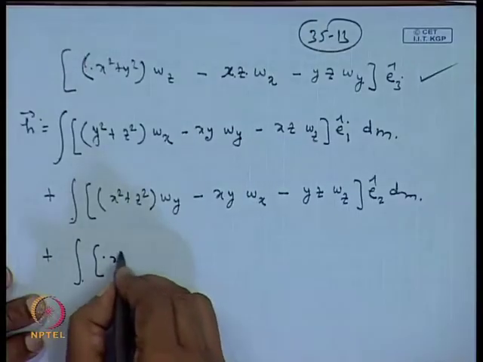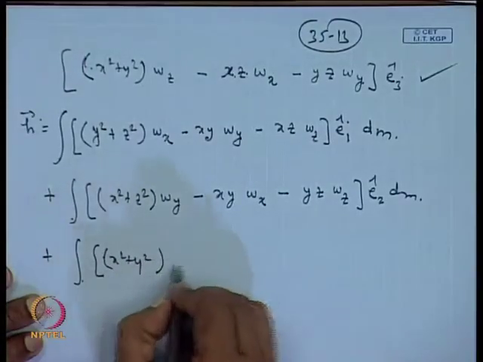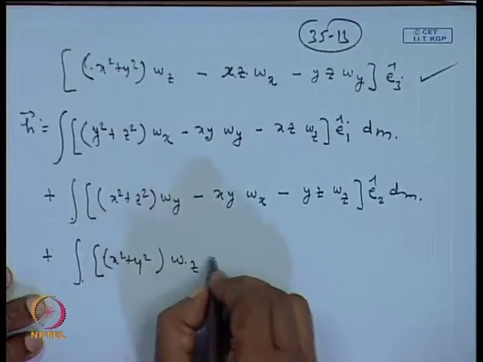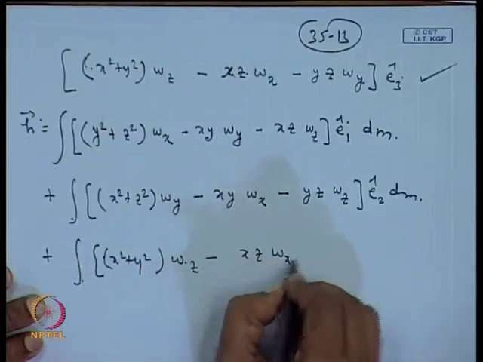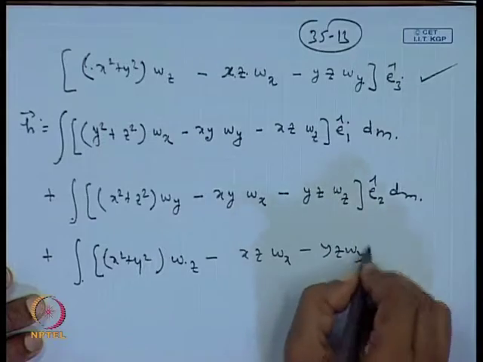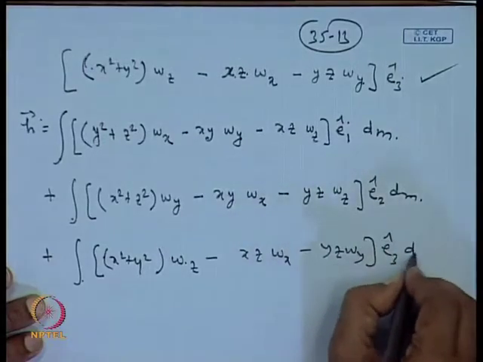So, x square plus y square omega z minus x z omega x minus y z omega y, E 3 cap d m.